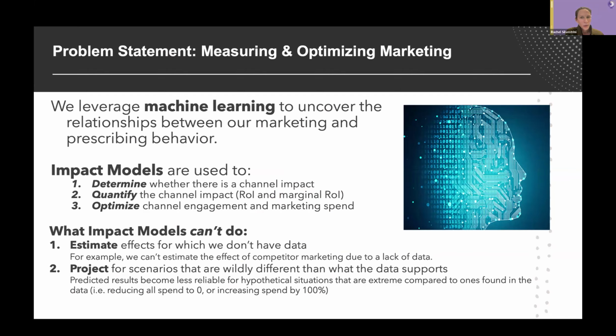In order to answer those questions, we're building what are called marketing mix models, or statistical models, to understand: is there any relationship between our activity and things like prescriptions being written or revenue that's incoming? Can we quantify that relationship and then compute return on investment and marginal return on investment? And then can we use that information to optimize the spend moving forward?